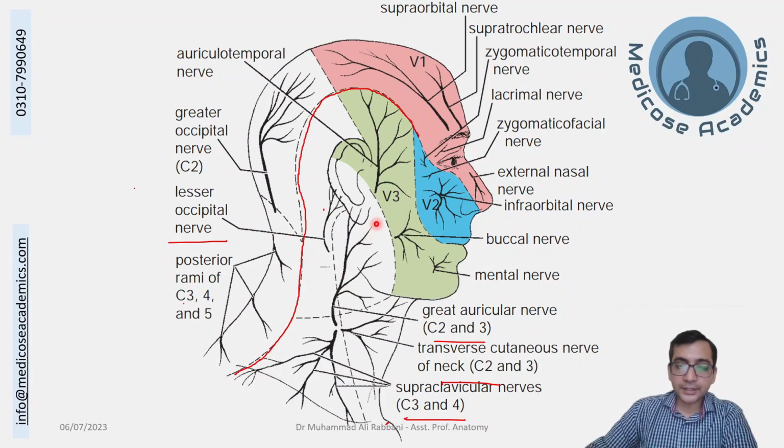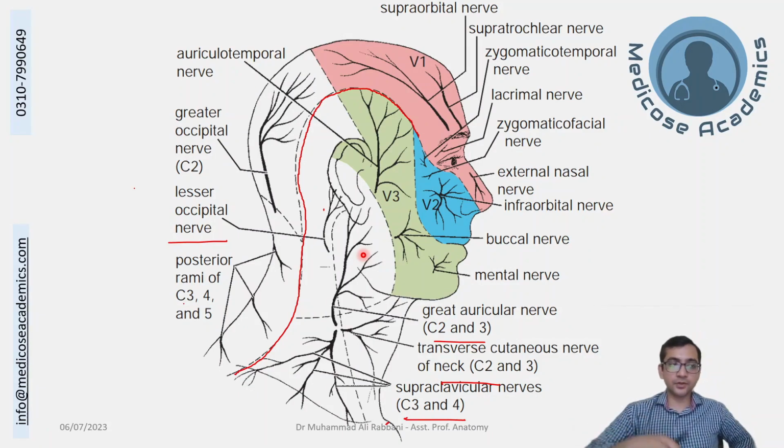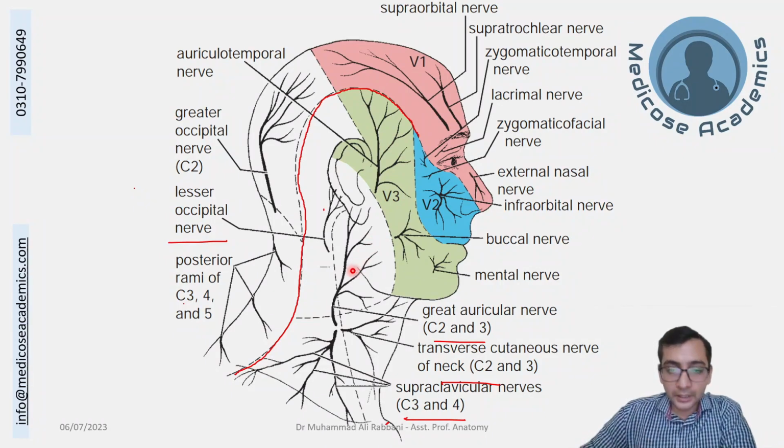The one that goes to the anterior of the ear is called the greater auricular nerve, and it supplies the lower lateral aspect of the ear, part of the external auditory meatus. And keep in mind this part, the angle of the jaw. It becomes important because all of the rest of the face is supplied by the trigeminal nerve, and this is the part that is not. So that is the greater auricular nerve.